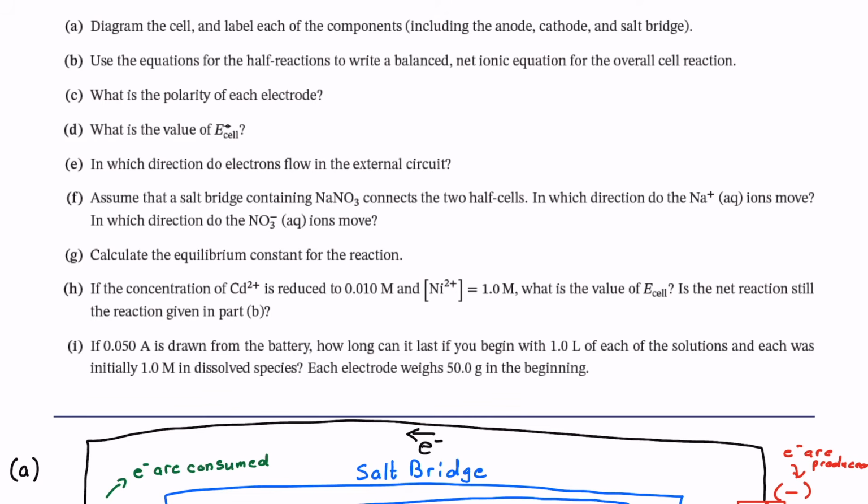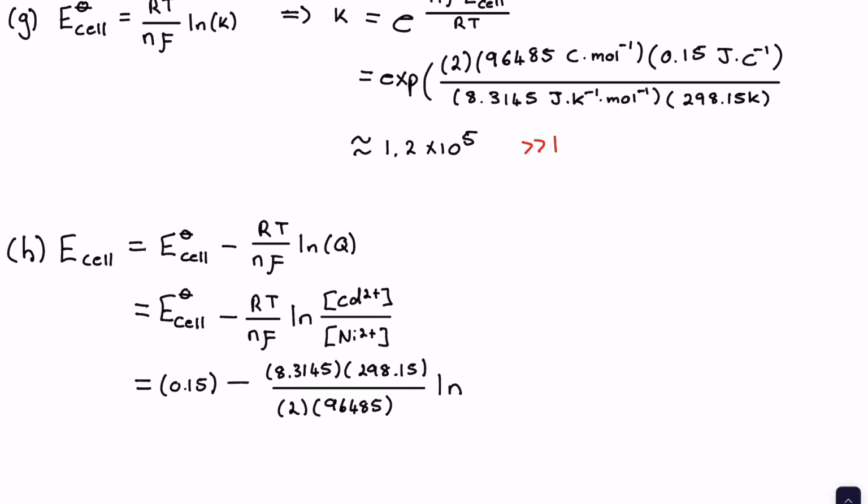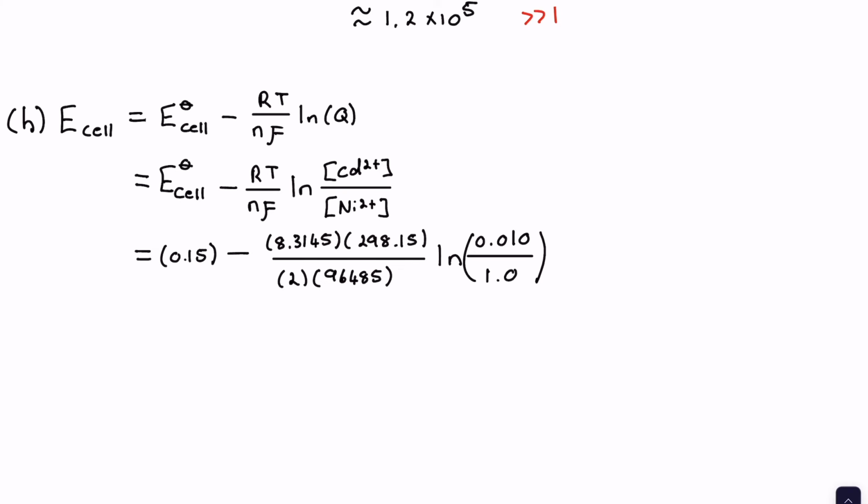We're told the concentration of nickel is 1.0 molar, and that of cadmium is 0.010 molar. So how does that change the value of the cell? Well, I get a very nicely rounded value of 0.21 volt.